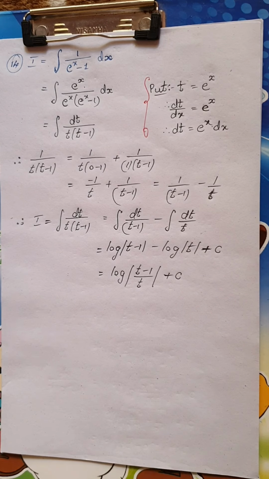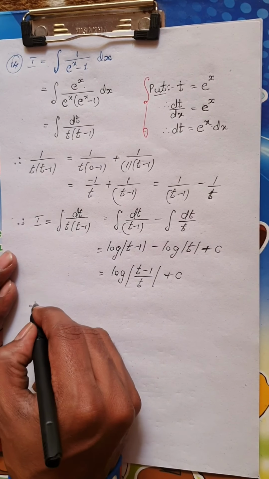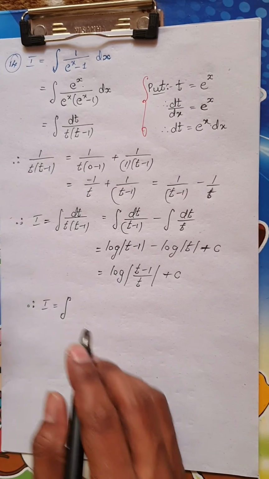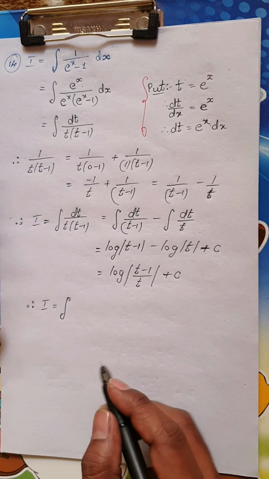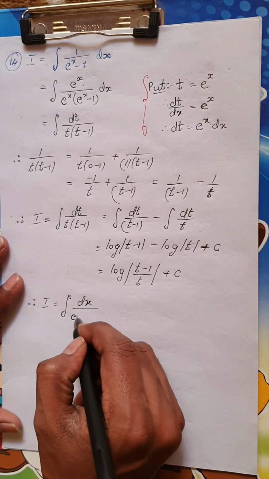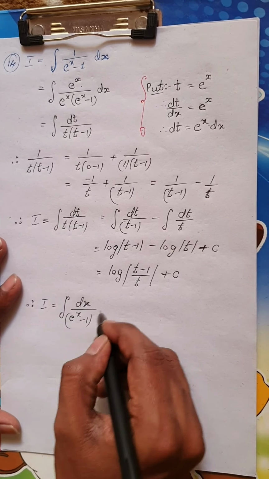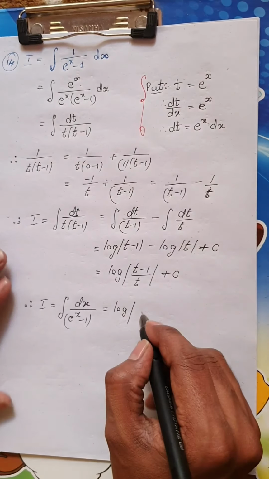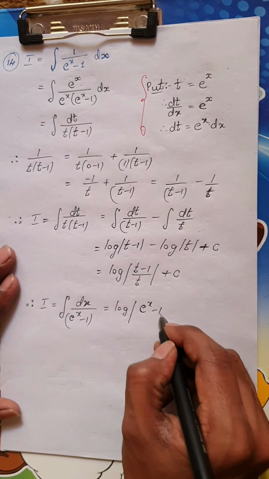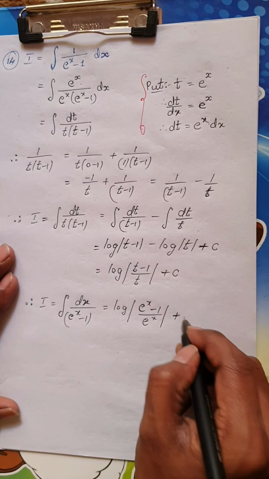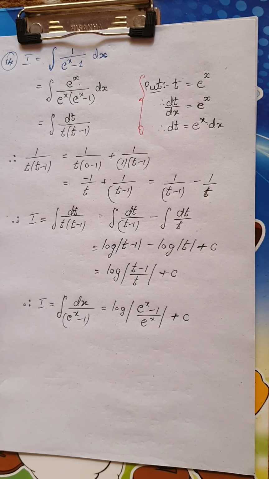Now look here, you replace back. Therefore I is equal to integral of, let me consider the original integral. What is the original integral? It is dx divided by e power x minus 1. This is nothing but log of mod, what is t, replace back. So it is e power of x minus 1 divided by e power of x plus c, which is the constant of integration.